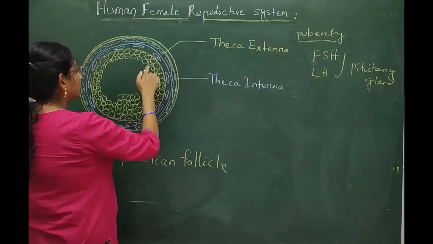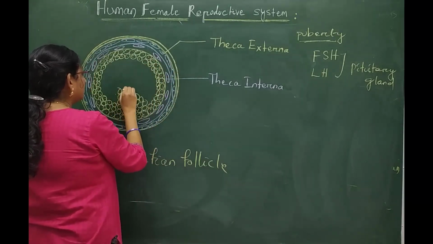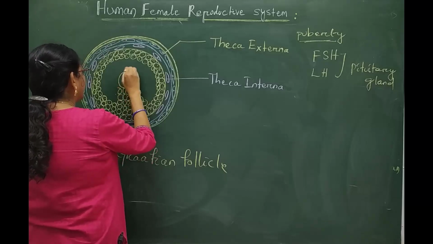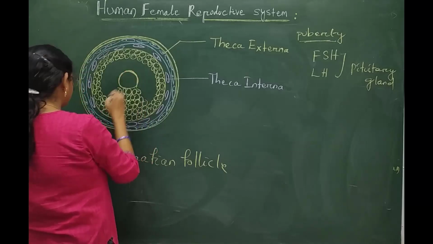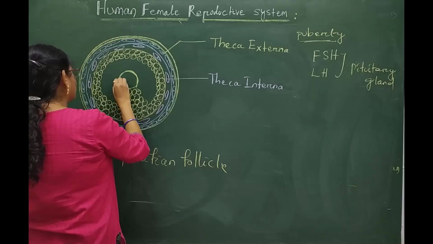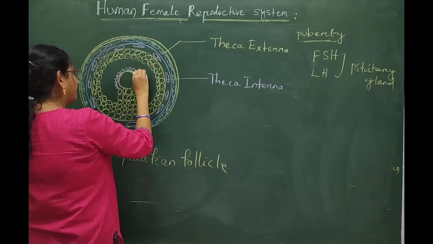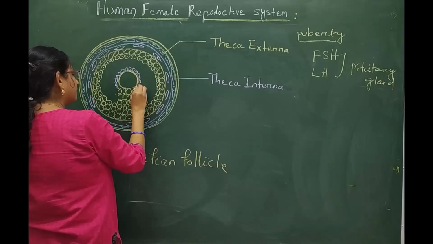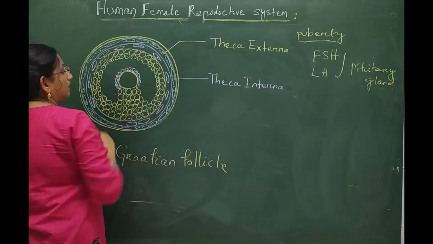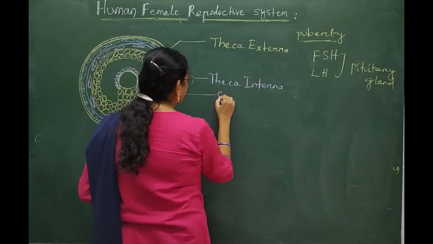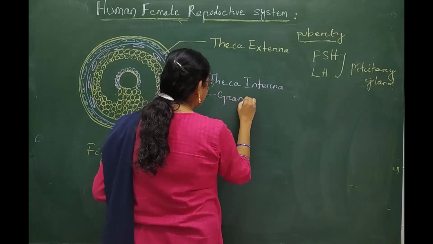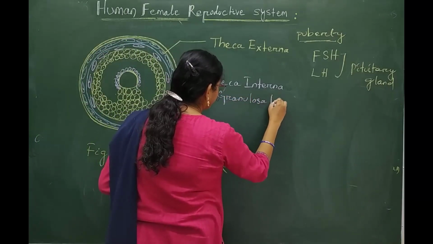So here the internal granulosa cells surround the middle primary oocyte. So these are the granulosa layer.